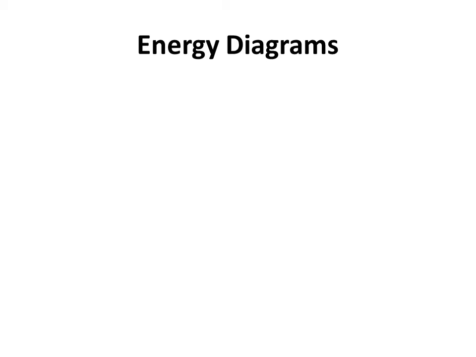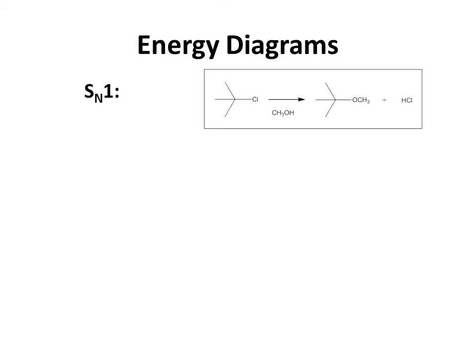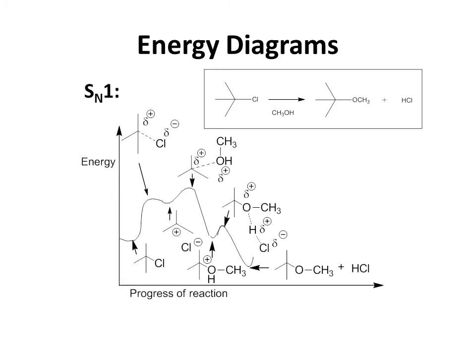So we'll begin with the SN1 energy diagram. The reaction shown is the reaction of 2-chloro-2-methylpropane in methanol to form 2-methoxy-2-methylpropane and hydrochloric acid. In the energy diagram, we know that the first and rate determining step is dissociation of the carbon-chlorine bond.